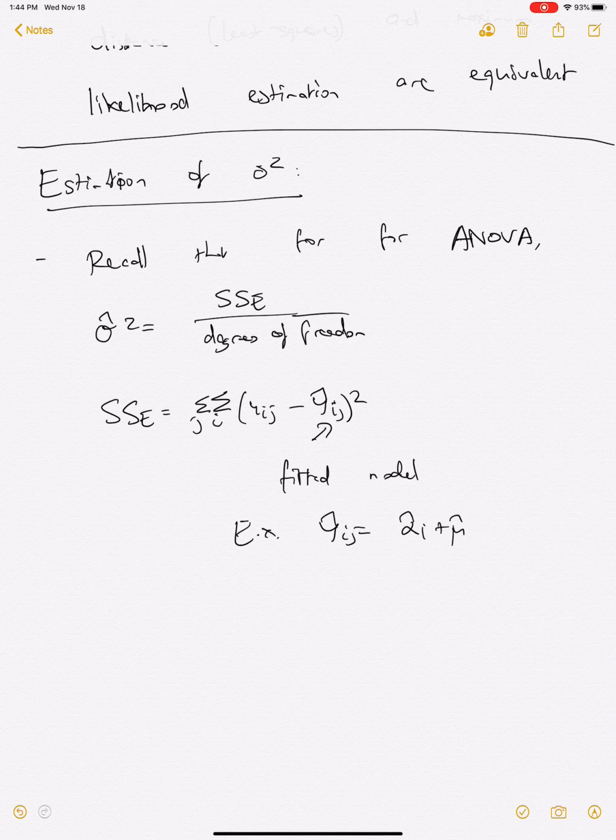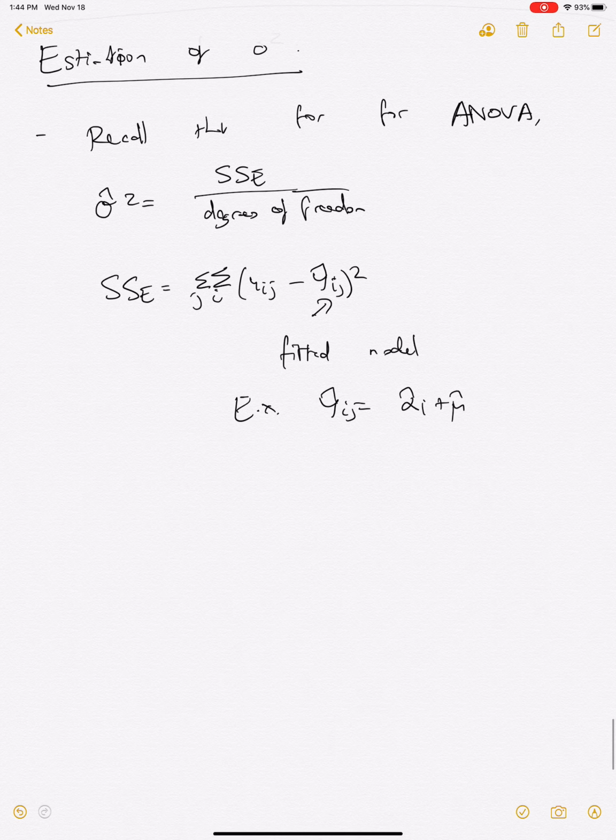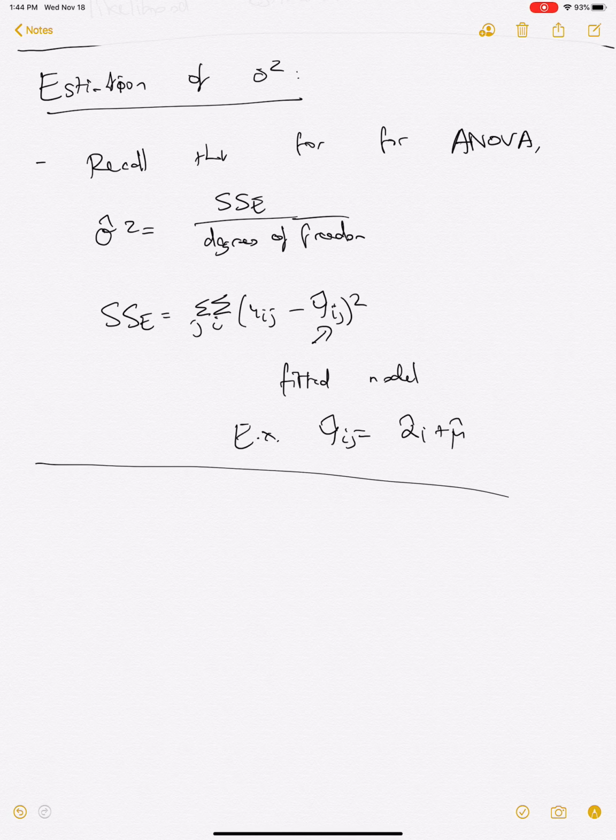But essentially, the idea in regression works very similarly. So for linear regression, this is called the residual sum of squares.